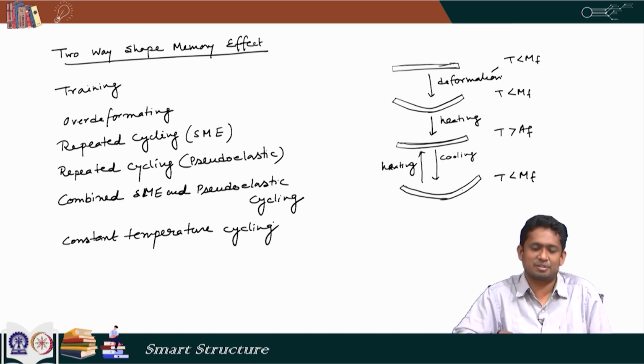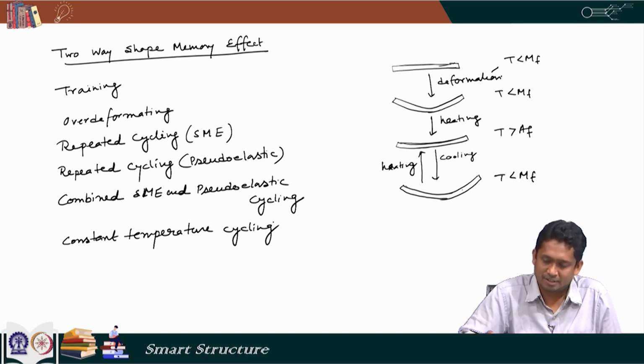So, these are the various techniques by which the shape memory alloy is trained to show the two-way shape memory effect.